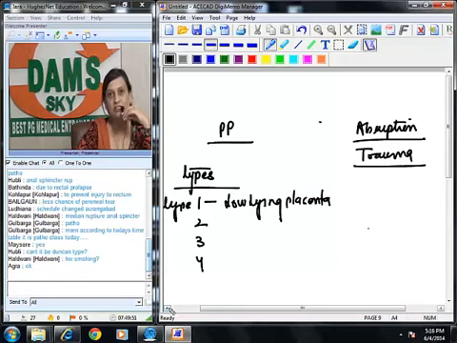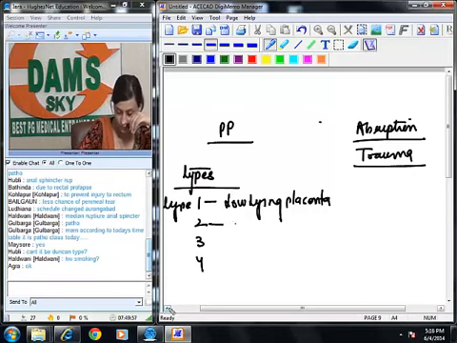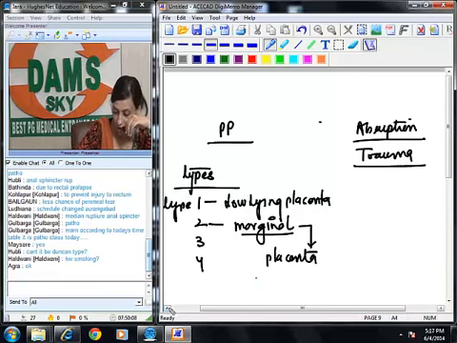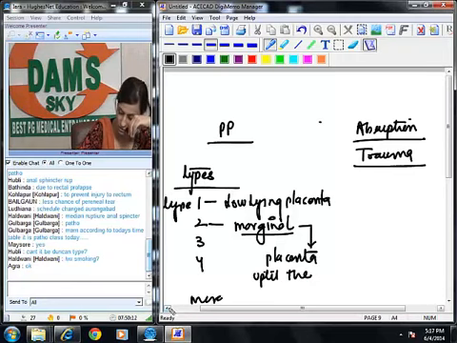A placenta which lies in the lower uterine segment is called type 1 or low-lying. Type 2 is called marginal. By marginal we mean that the placenta reaches up to the margin of the internal os.